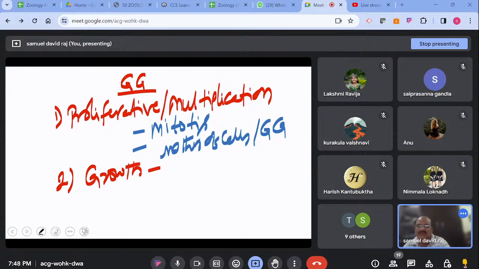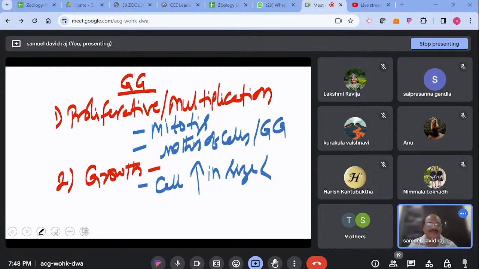So, in the growth phase, what happens? The gametogonia, that means the cell, increases in size. The increase in size corresponds to one with respect to cytoplasmic constituents and the other with respect to nucleoplasmic constituents.